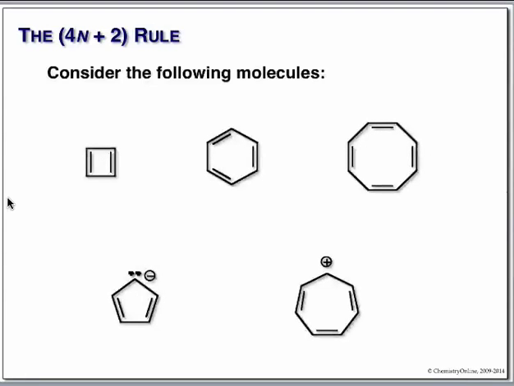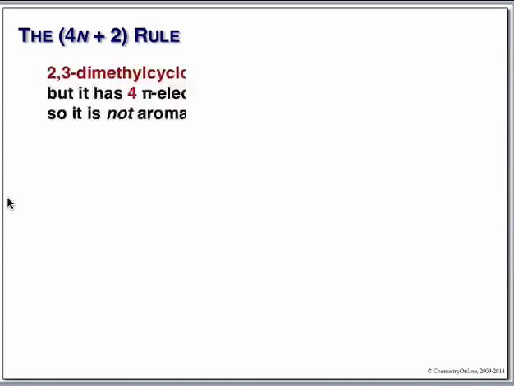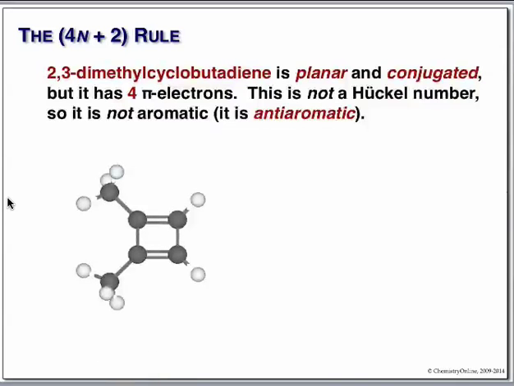If we start off with our first one, it is planar. It's a square, it has to be. It has conjugated double bonds. However, it's what it looks like in a model. It has 4 pi electrons. 4 is not a Huckel number, so this is not aromatic.